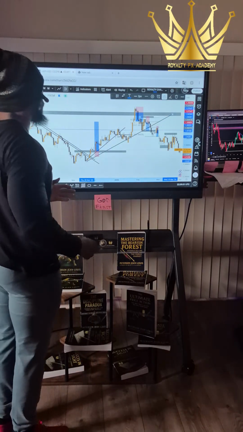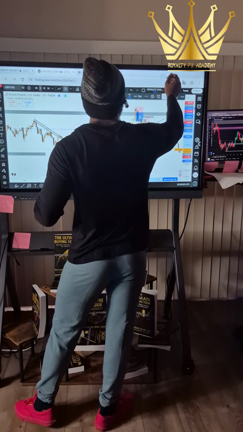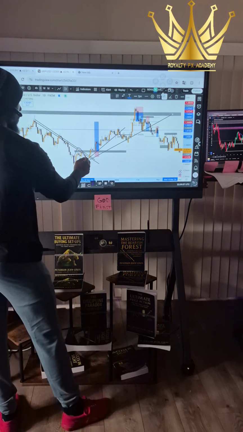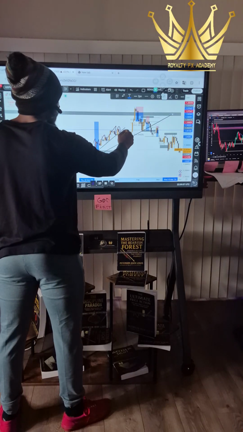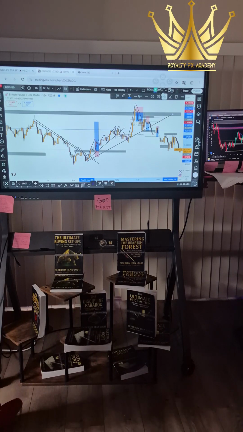If I'm looking at the structure itself, right? Look, boom, right? You see that? That's what it did, if that makes sense.